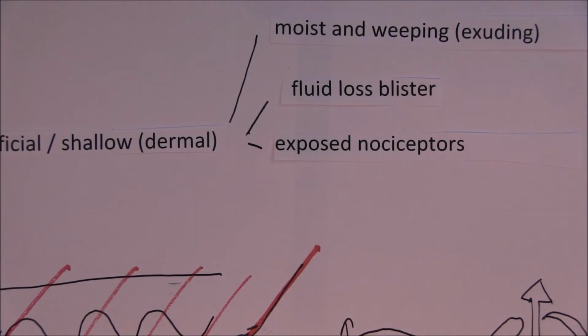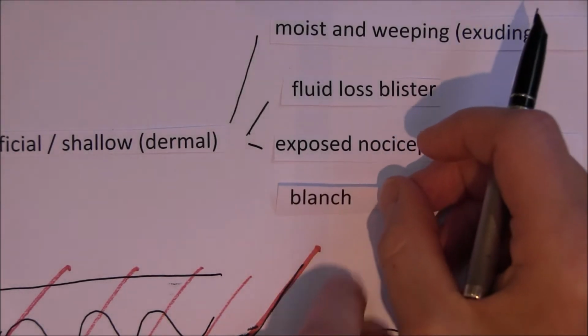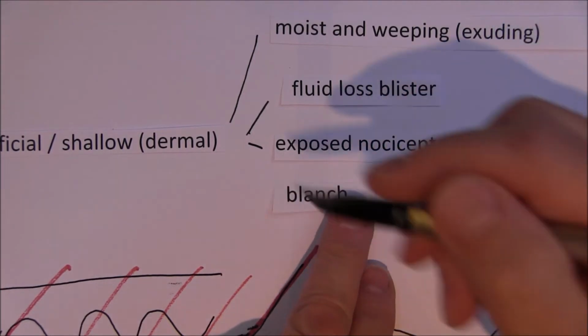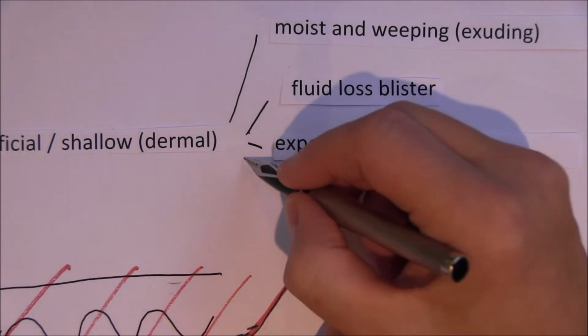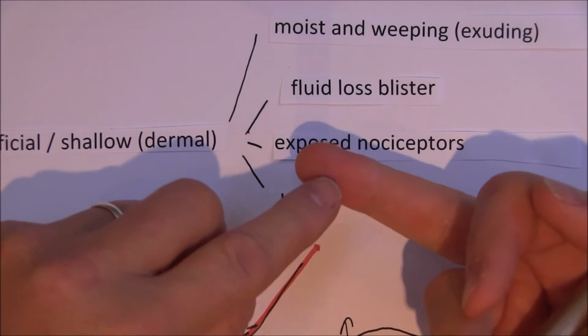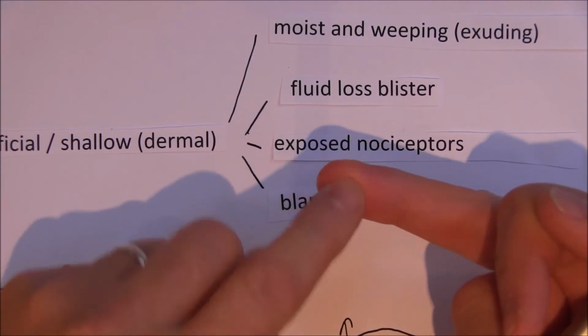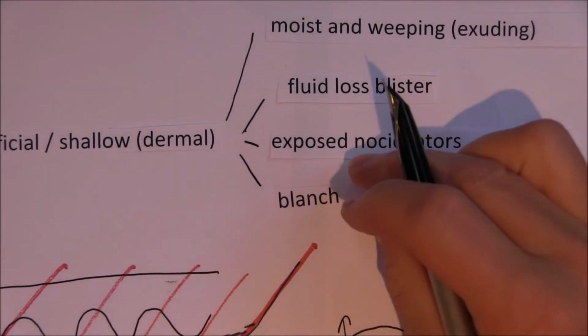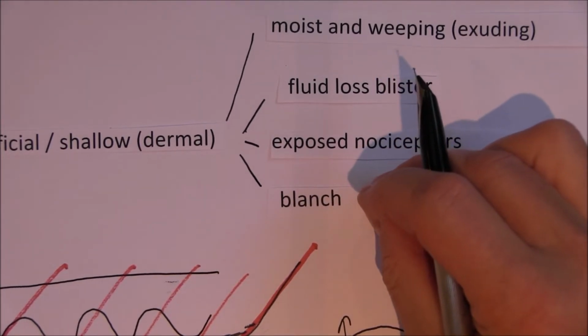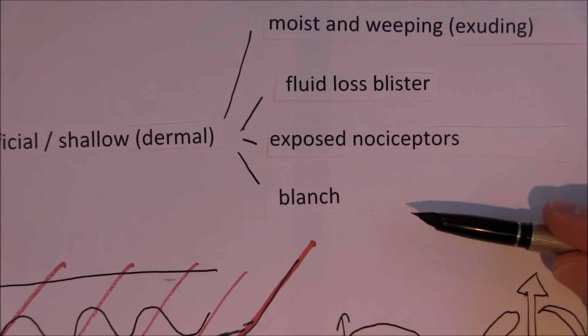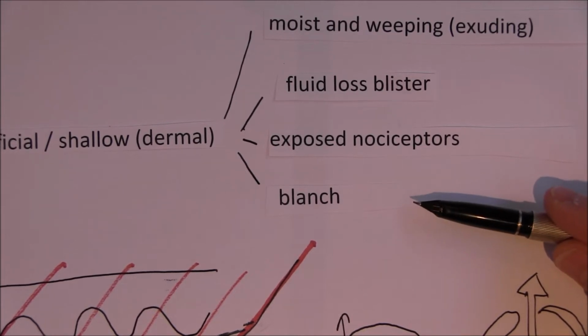And how do we know how deep the burn is? Well, one of the main ways is the amount of blanching, the amount that they'll blanch. So remember, the blanching goes white, capillary refill to fill it up again. Now, do you think you'll still get blanching in shallow dermal injuries?